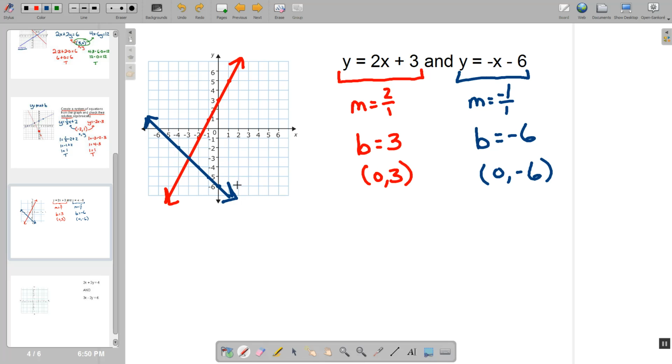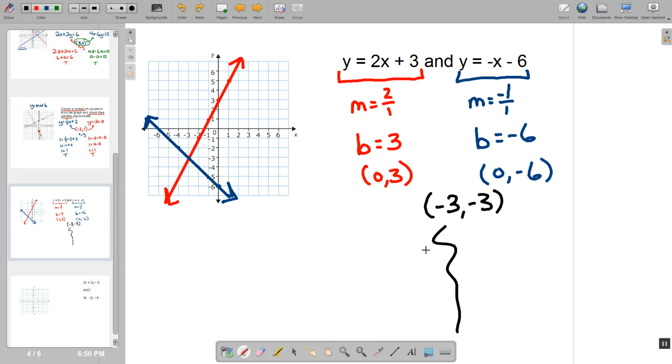So we have now graphed both lines. And now we need to find out, where do they intersect? So I see it right there at negative 3, comma, negative 3. So the point of intersection is negative 3, comma, negative 3. And now we just have to check it by plugging it back into each equation.